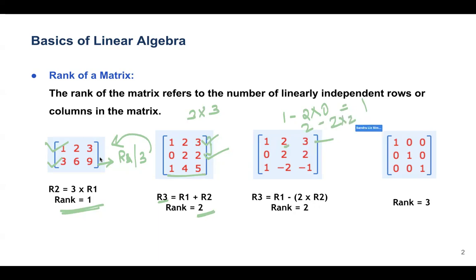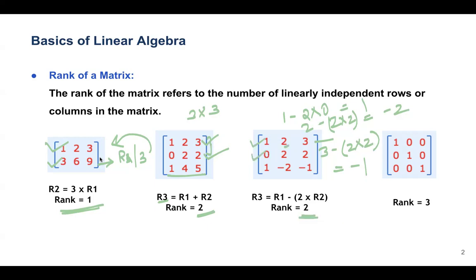And the next element, 3 minus 2 times 2, is minus 1. So you can say that R3 is a function of R1 and R2 in such a way. So finally the number of independent rows is just R1 and R2, hence the rank is 2.